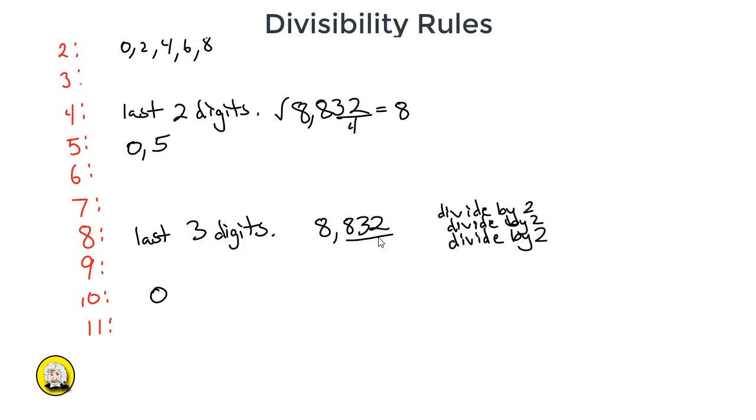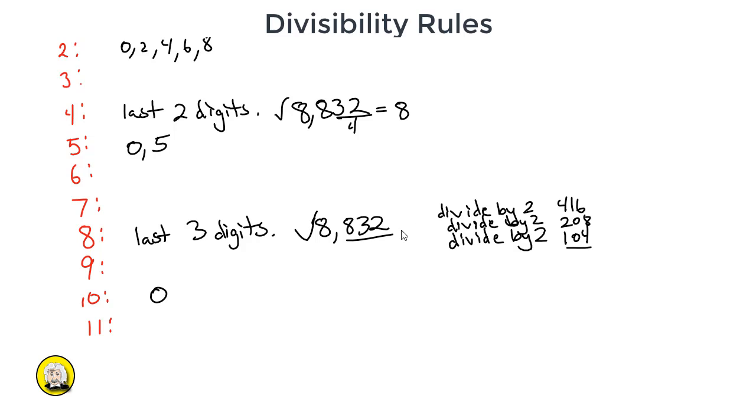So for 832 divided by 2, that's 416. 416 divided by 2 is 208. 208 divided by 2 is 104, a whole number, which means 8,832 is divisible by 8.